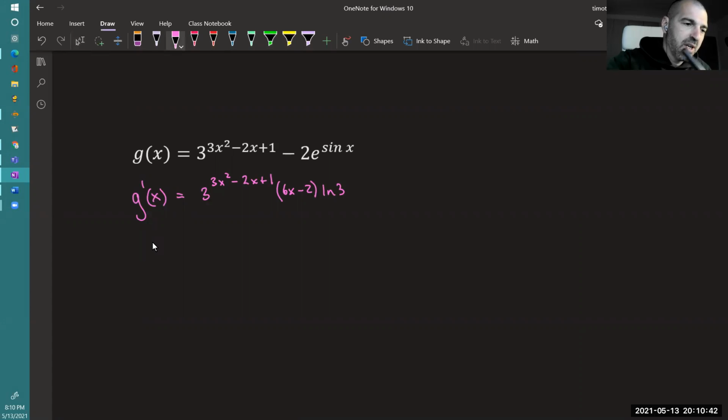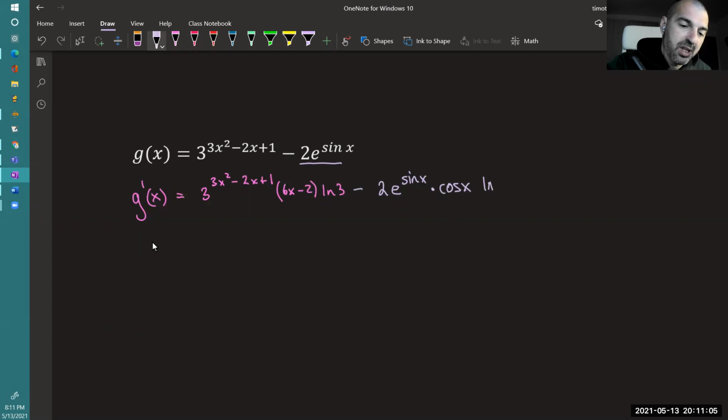Okay. Now I'm going to subtract this derivative. So it's equal to 2e to the sine x times the derivative of the exponent, sine x. So that's just going to be cosine x.